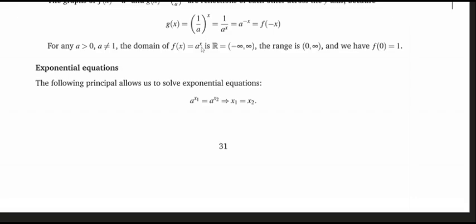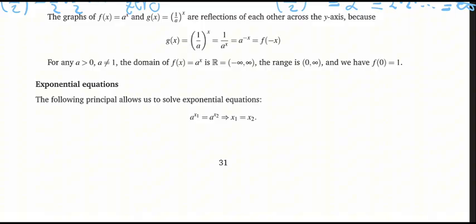So let's talk a bit about exponential equations. The following principle allows us to solve exponential equations. If I have a to the power of x1 equals a to the power of x2, then if the bases are equal, that means x sub 1 equals x sub 2.